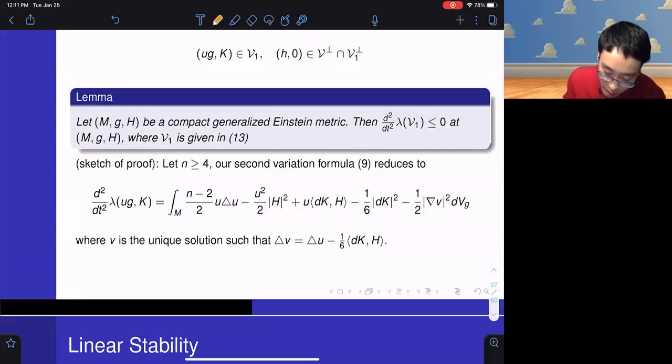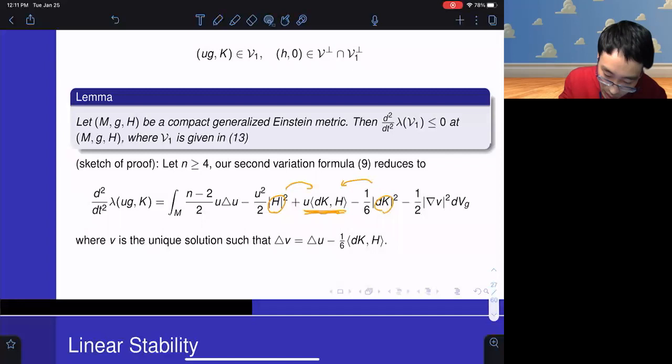My motivation is that we try to use Cauchy-Schwarz to give a bound on this. Because we have H and DK here, directly using Cauchy-Schwarz, we can give this bound.